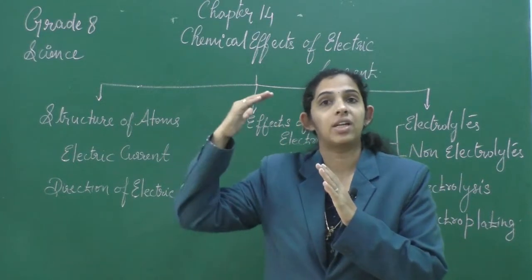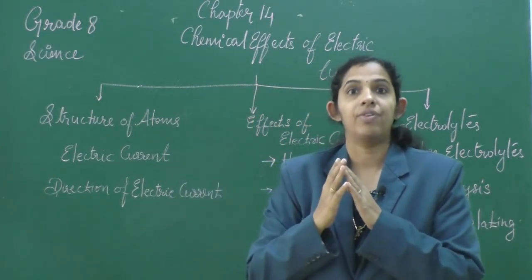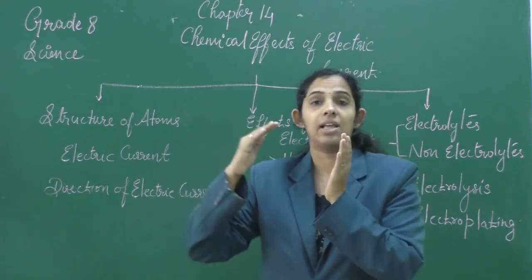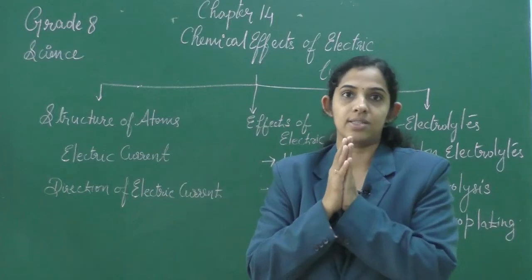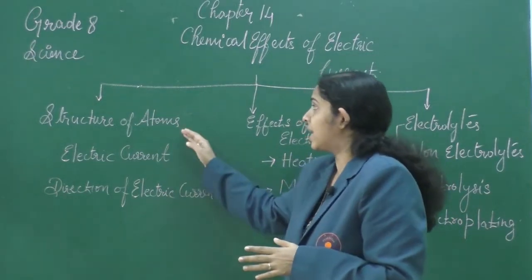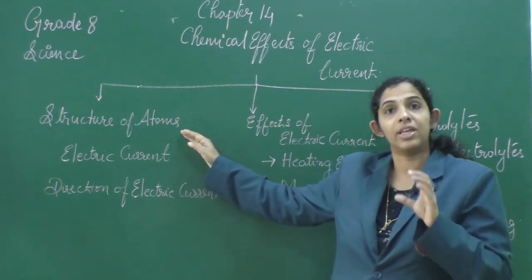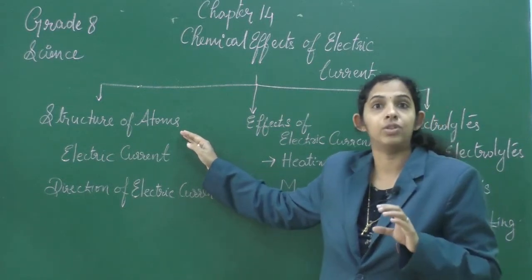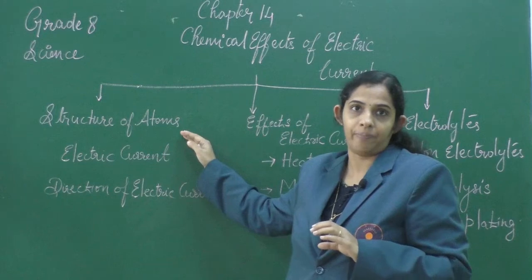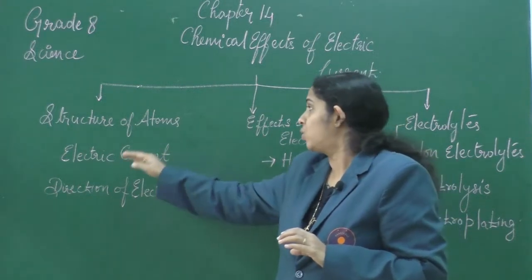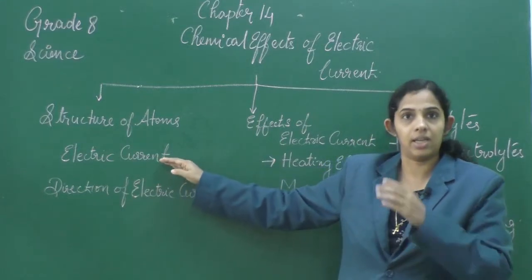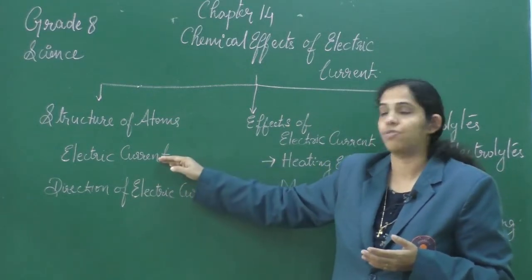So the electrons in the outermost orbits, we can call them free electrons, are less tightly held by the nucleus. The availability of these free electrons in some materials is responsible for the conduction of electric current.